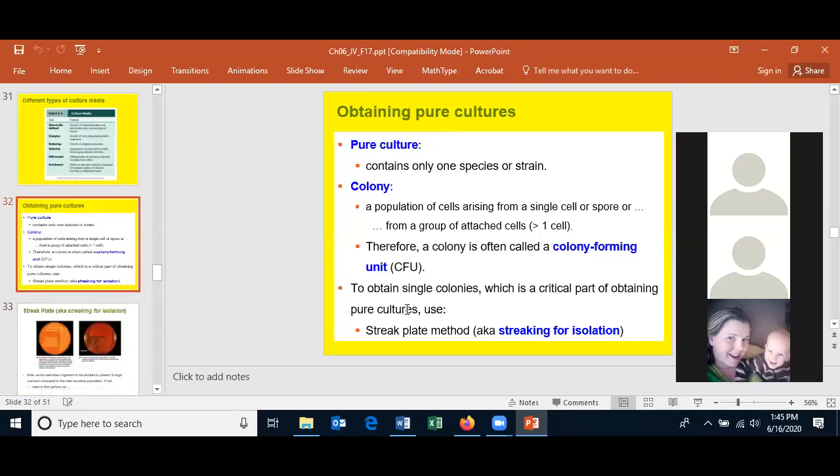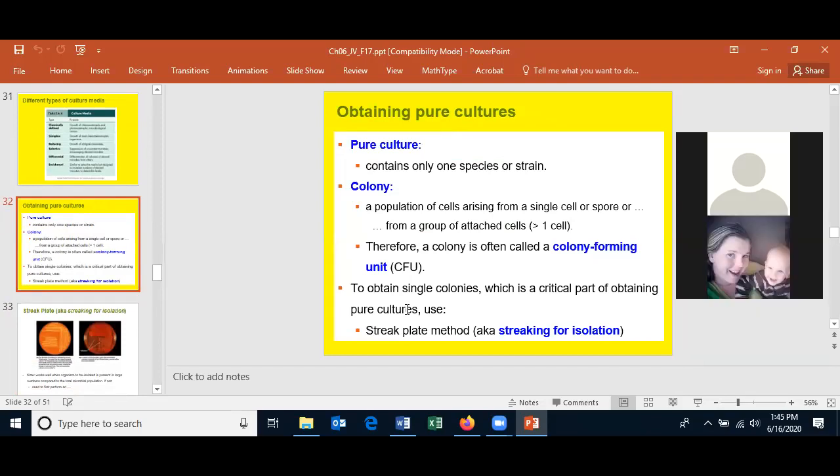When you're growing up microorganisms, it's important to work with a pure culture. That's because when you're running a test and the results are positive, if you have two or more species that you're working with, it's really difficult to determine which species was positive.